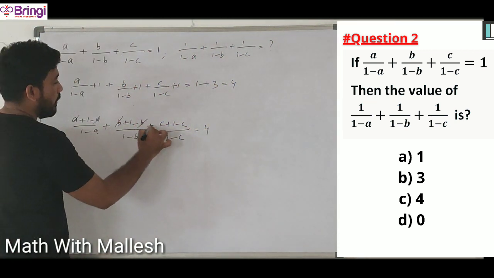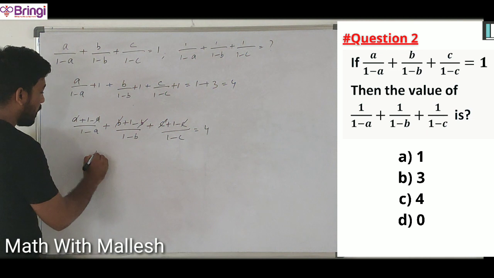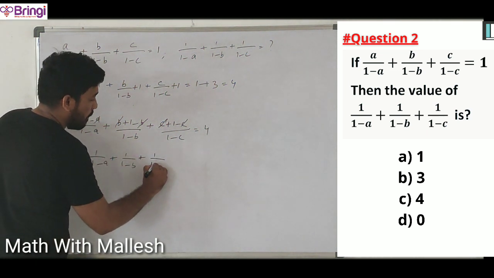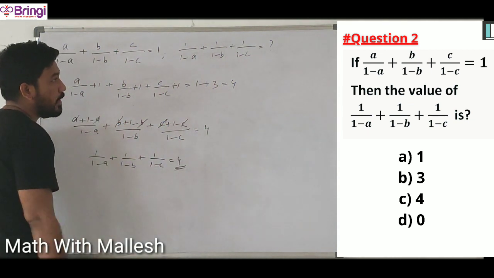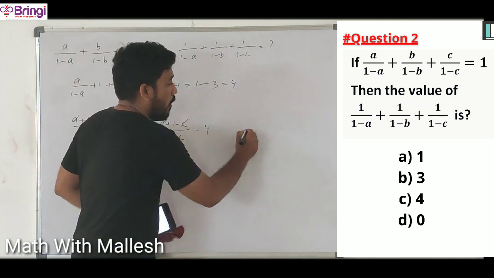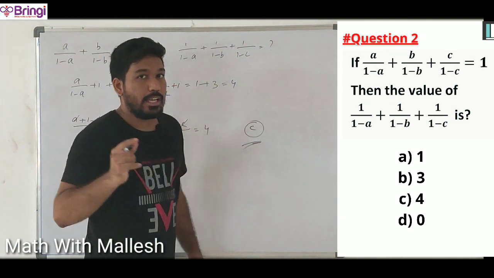So b gets cancelled, c gets cancelled, and 1 by 1 minus a plus 1 by 1 minus b plus 1 by 1 minus c is going to be 4. So option 1 is 1, 3, 4, 0. So option C is our correct answer.